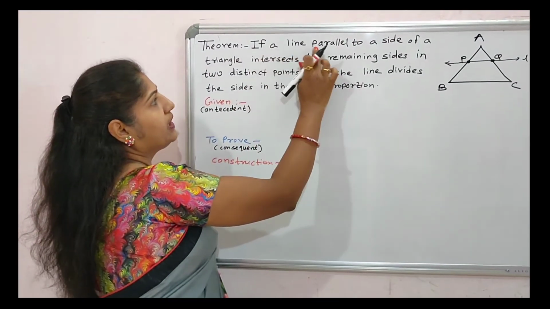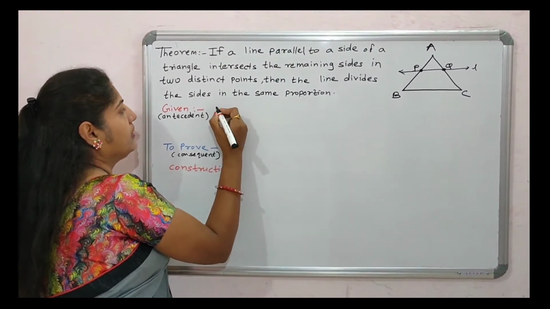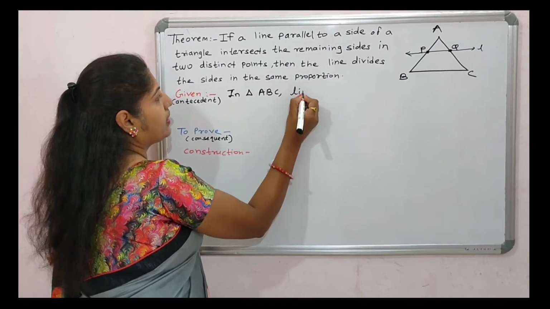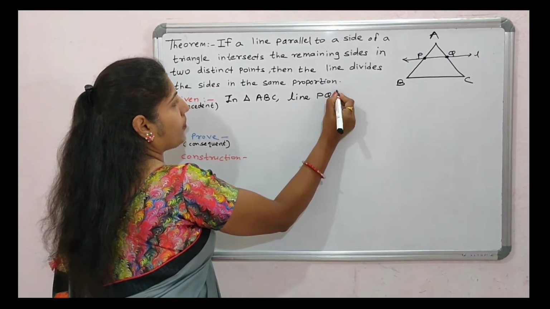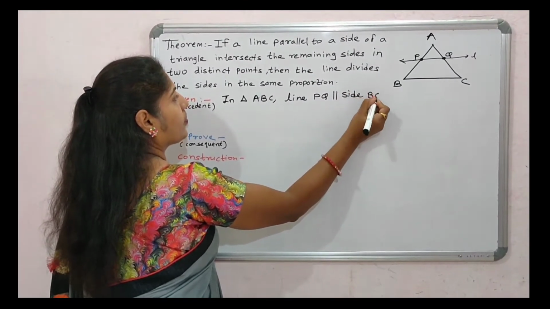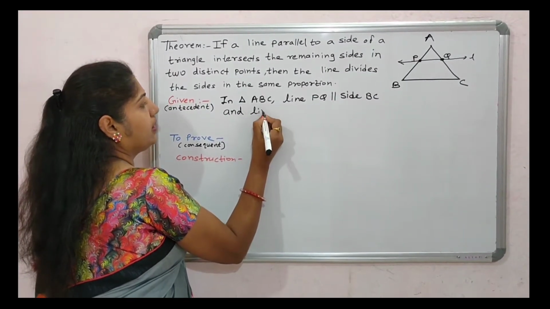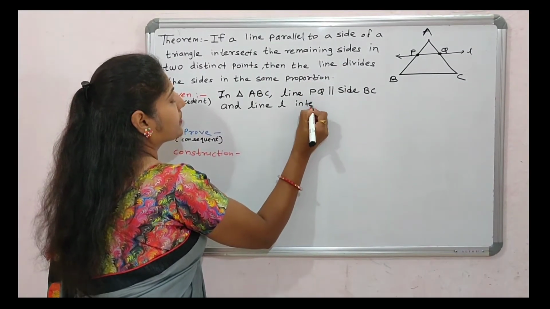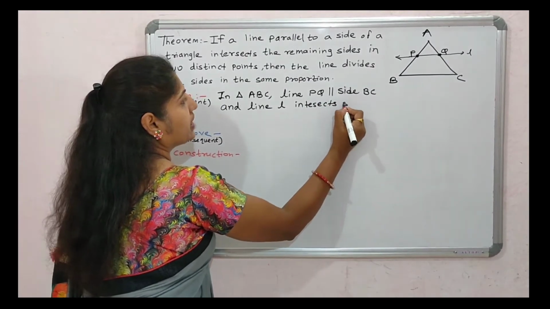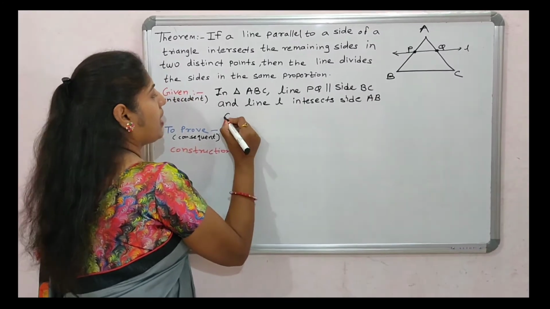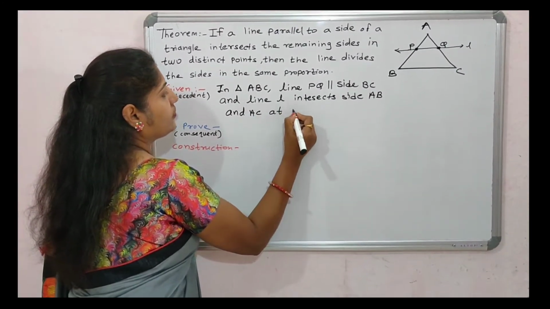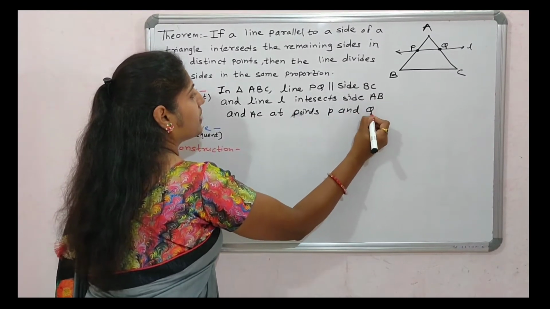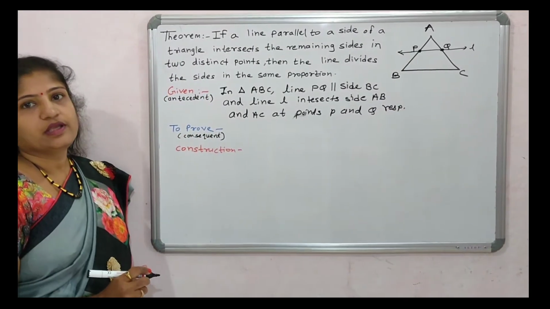If a line is parallel to a side of a triangle, so in triangle ABC, line PQ is parallel to side BC, and line L intersects sides AB and AC at distinct points P and Q respectively. This is our given.